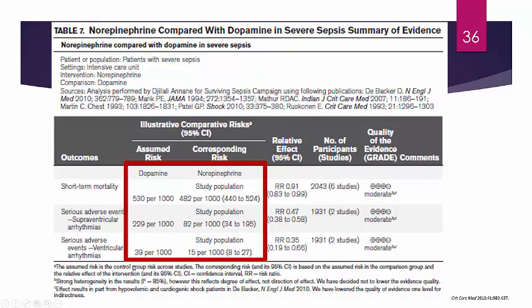And all these can relate to mortality. So norepinephrine is first line, and that is why dopamine is last line for sepsis and septic shock.